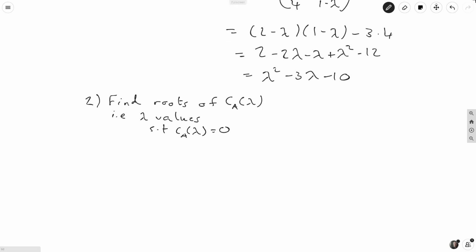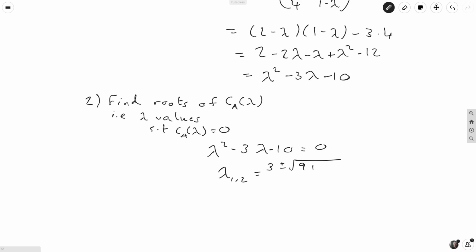You probably know a lot of ways of solving quadratic equations like this. We're setting lambda squared minus 3 lambda minus 10 equals 0. We're just going to do it the reliable way, which is by using the quadratic formula, which says that the roots are given by minus b, so that's 3, plus or minus the square root of 9 minus 4 times AC.